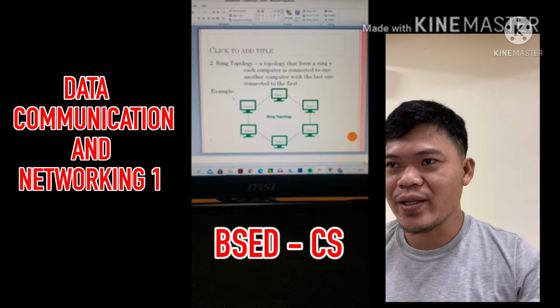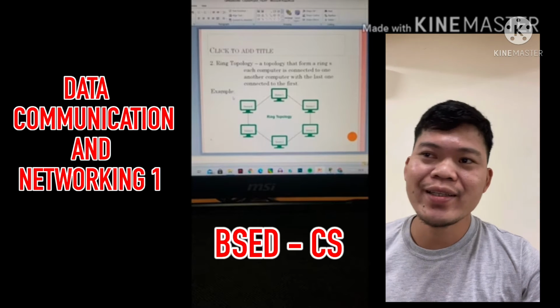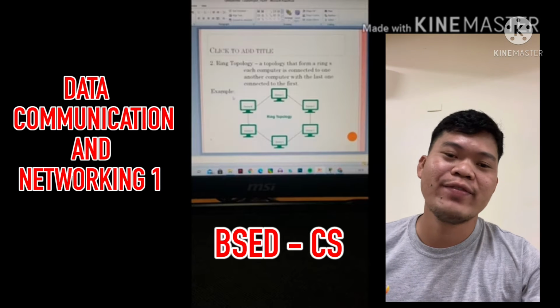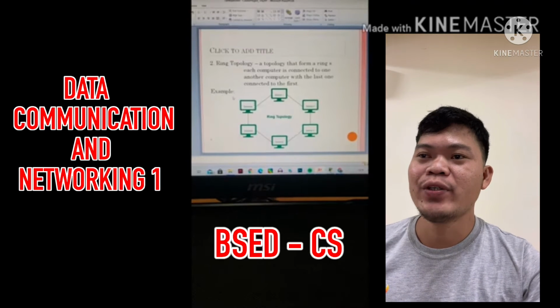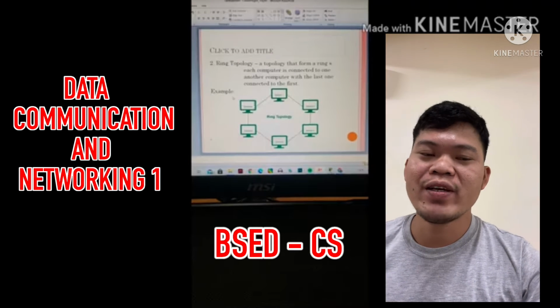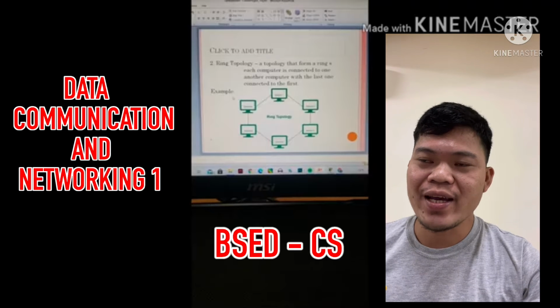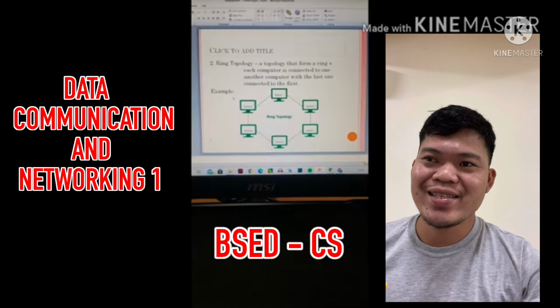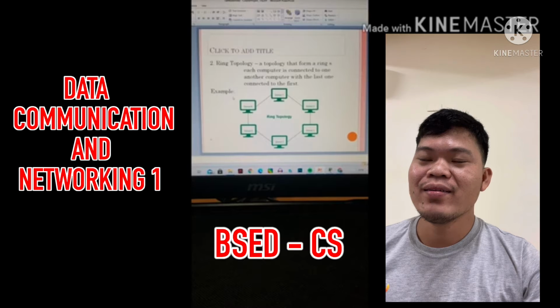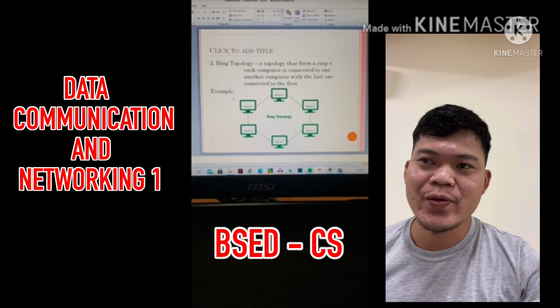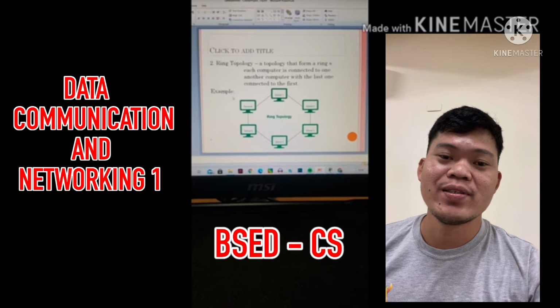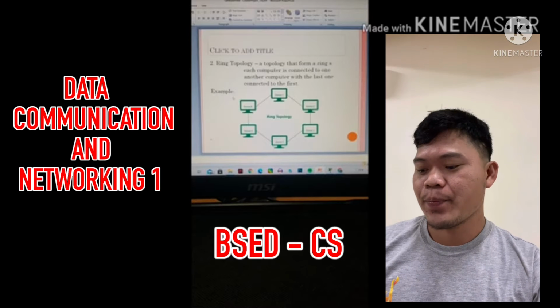Device 1 is connected to device 2, device 2 to device 3, device 3 to device 4, device 4 to device 5, and device 5 to device 6. The last device is connected to the first, which is device 1.